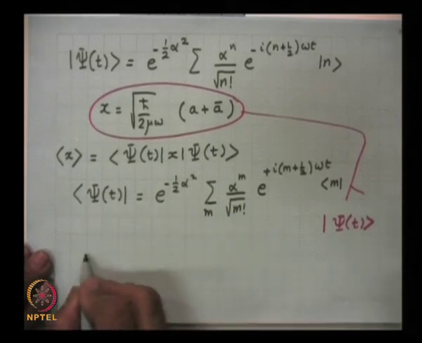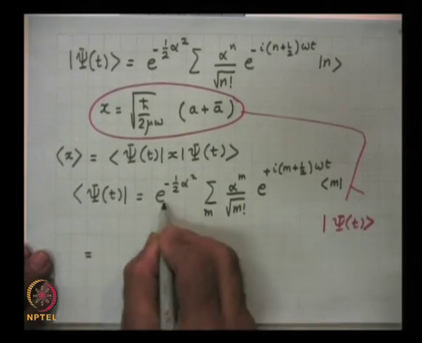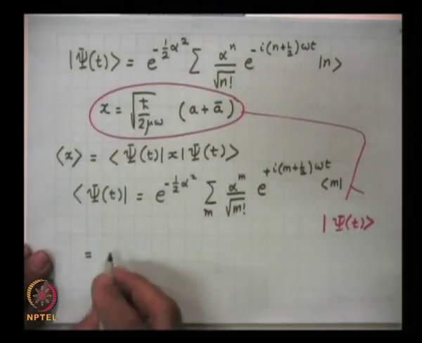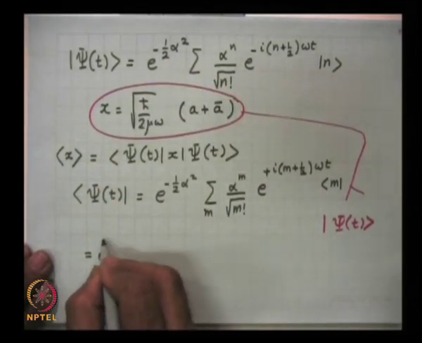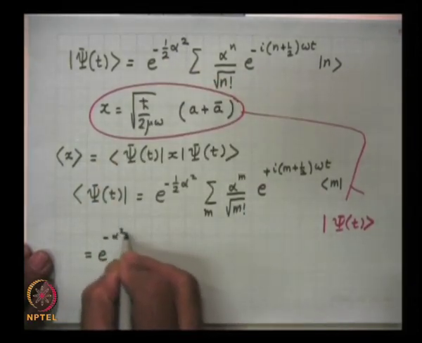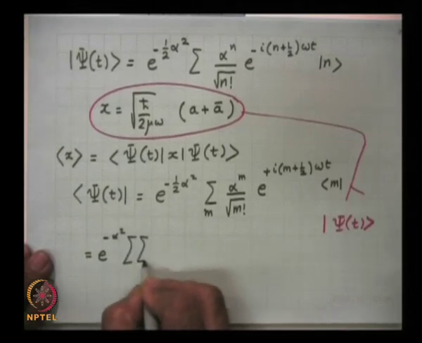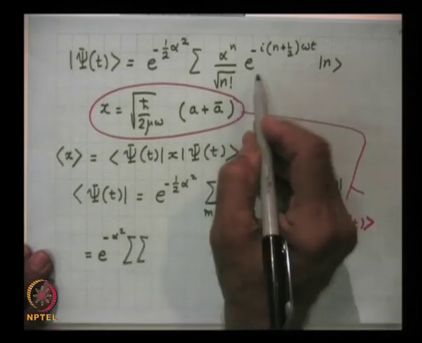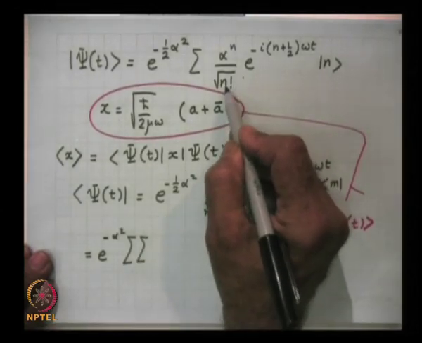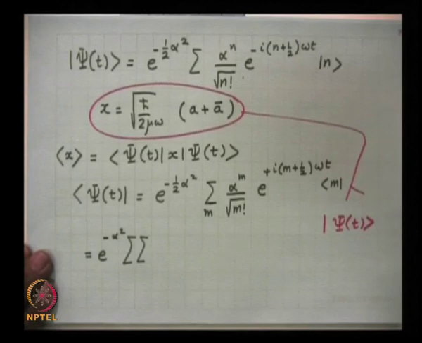You have to do it a little. So, e to the power of minus half alpha square multiplied by e to the power of minus half alpha square is e to the power of minus alpha square, and then there is a double sum, and it is because of this double sum that I put the dummy index as n here and as m here.